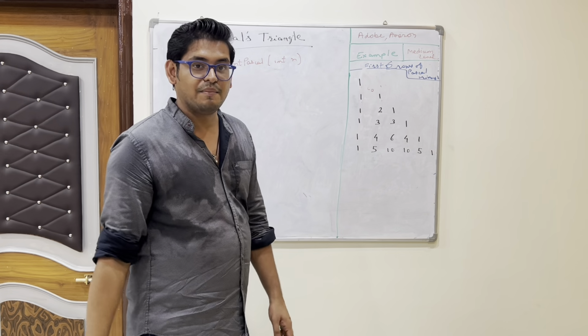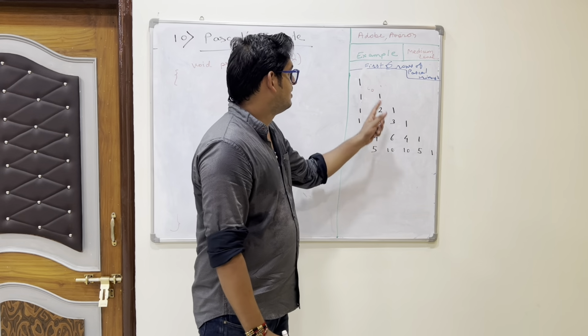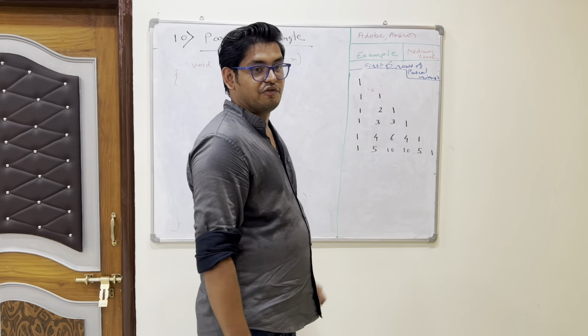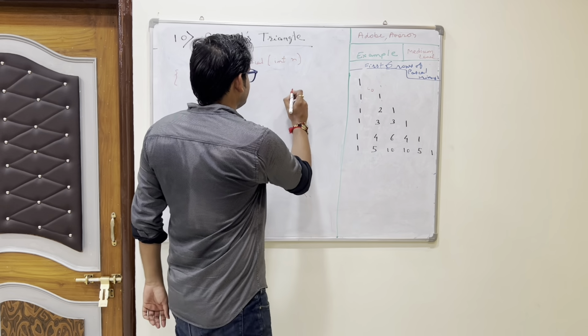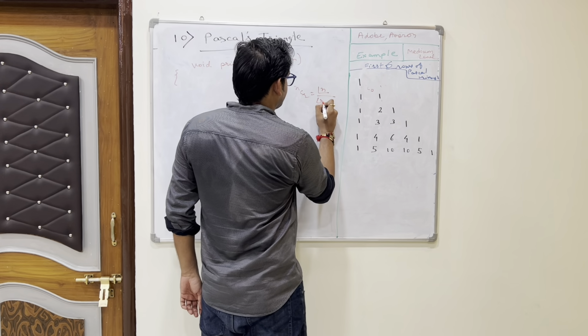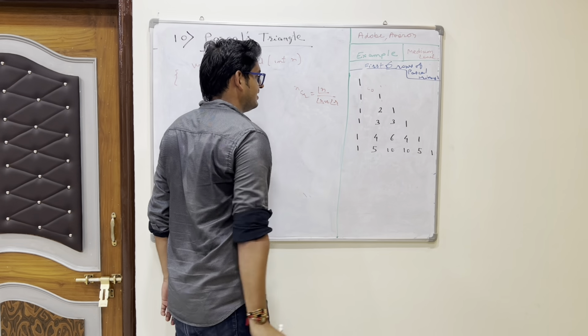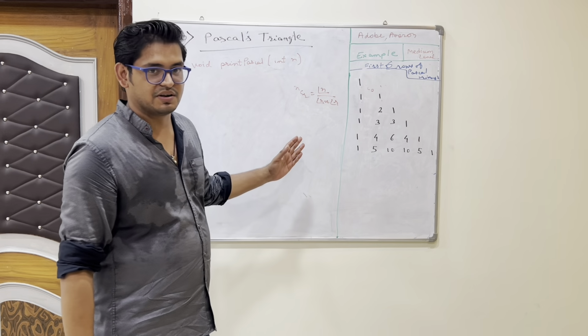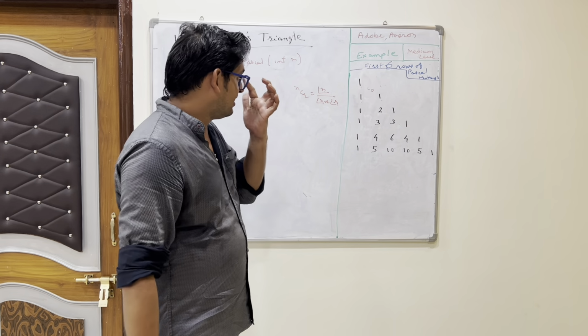What is C? Combination, from permutation and combination, the binomial coefficient, right? What is nCr? nCr is n factorial by r factorial times n minus r factorial. We learned this in class 12th mathematics, permutation and combination, or 11th.